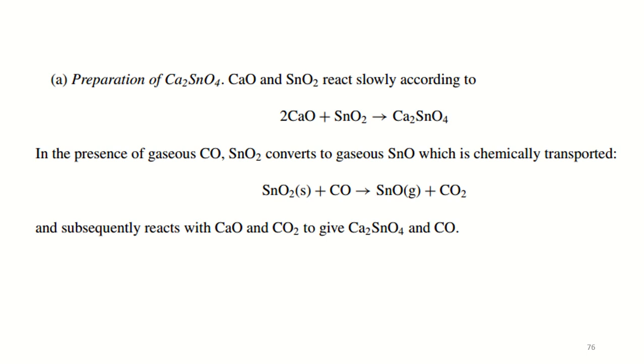There are many examples of using this method to prepare binary, ternary, and even quaternary compounds. Some examples of vapor phase transport methods of chemical synthesis are as under.